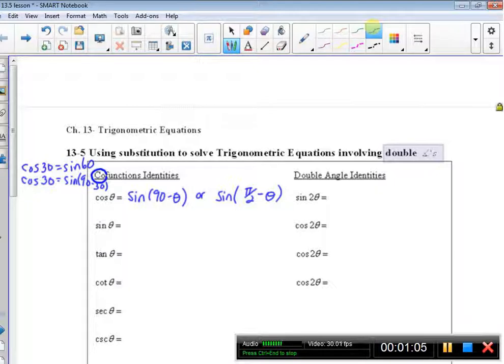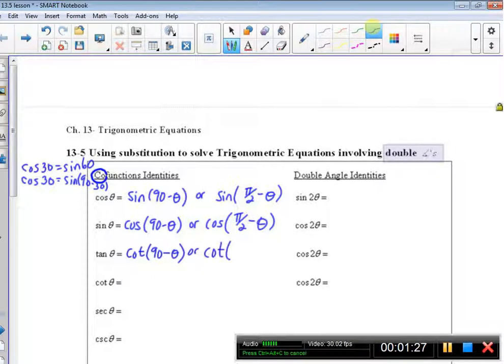If we were going to be in radians, sine of theta is equal to the cosine of 90 minus theta. Same thing, or the cosine of pi over 2 minus theta. The tan is equal to the cotan of 90 minus theta, or the cotan of pi over 2 minus theta.